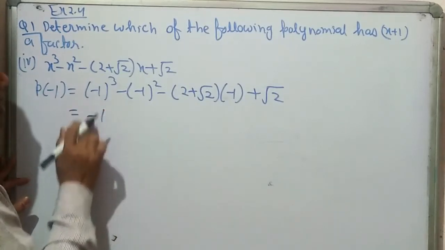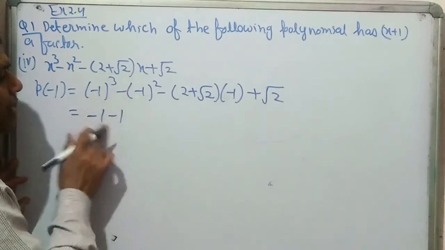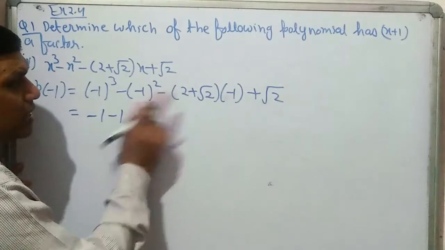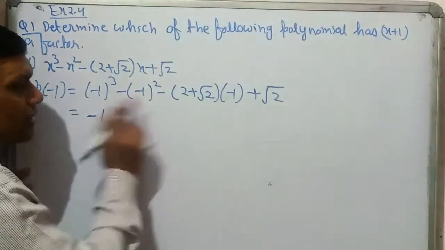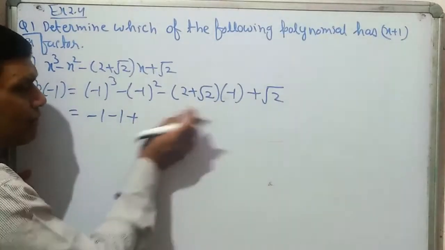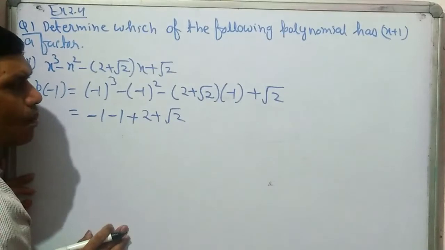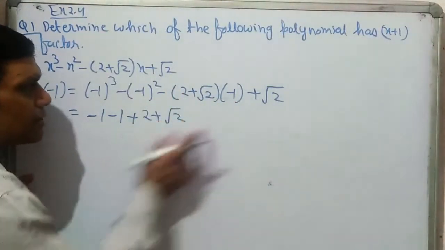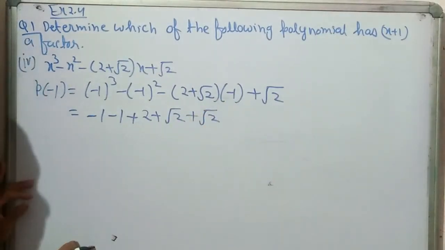That will give us minus 1. This will give us 1 again and a minus sign. This minus into minus will change the sign and give us plus. We can open the bracket: 2 plus under root 2. The sign is changed, it has become plus, so they will remain as such, plus under root 2.